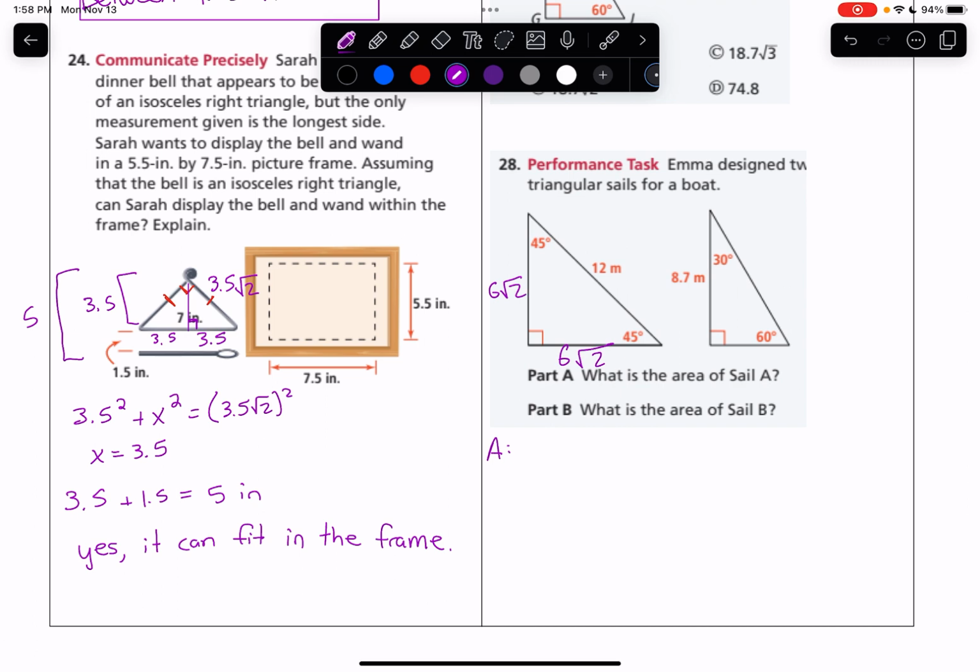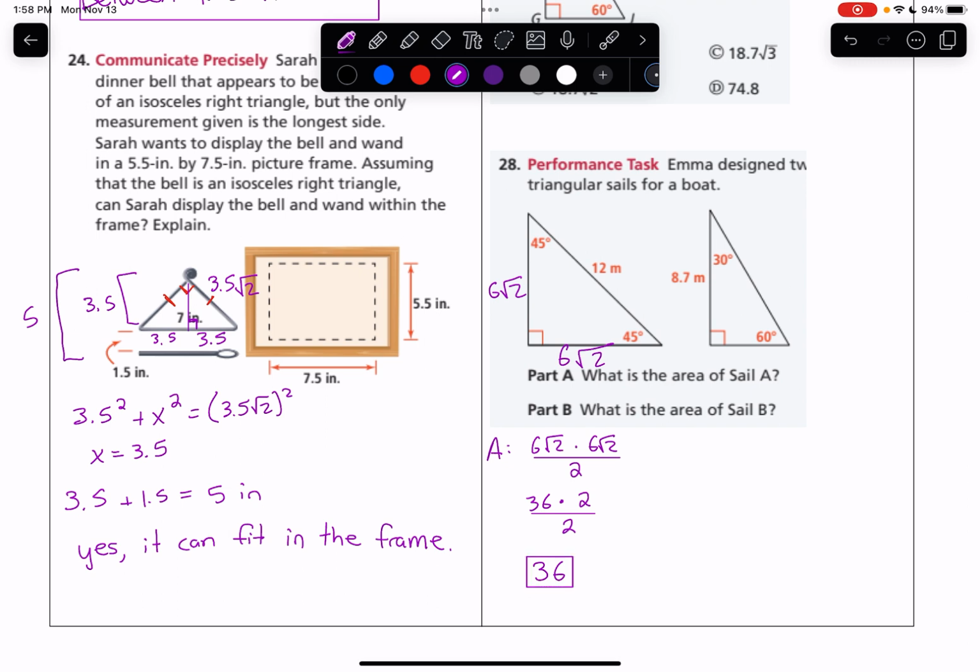So the base times height divided by 2 gives us 6 root 2 times 6 root 2 over 2, which is 36 times the square root of 2 squared, which is 2, over 2. 36 times 2 over 2 is 36. So the area of triangle A is 36.